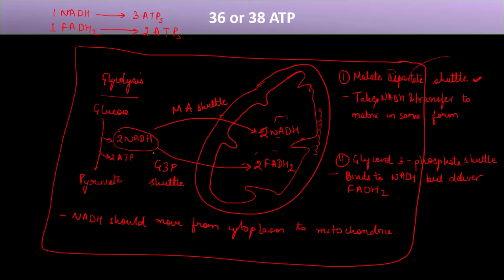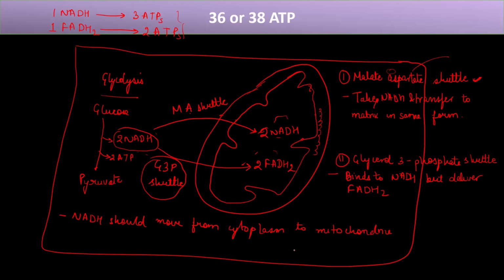If NADH gets transported into the matrix via the malate aspartate shuttle, then NADH leads to ATP production. While if it gets transported through the G3P, glycerol 3 phosphate shuttle, then instead of NADH, FADH2 reaches the mitochondrial matrix, and that finally leads to the production of 2 ATPs. So it brings a gap difference of 2 ATP for each NADH, and for two NADH it leads to a gap of 4 ATP, and that's why you get 36 ATPs.